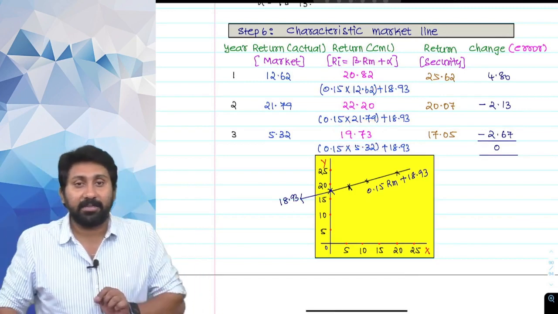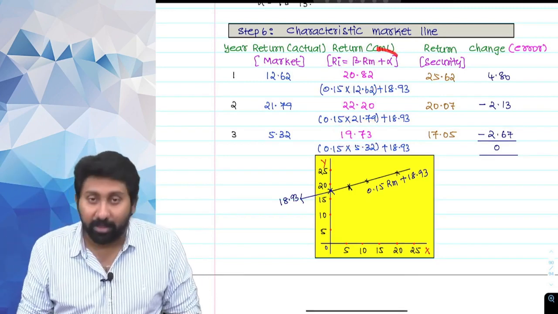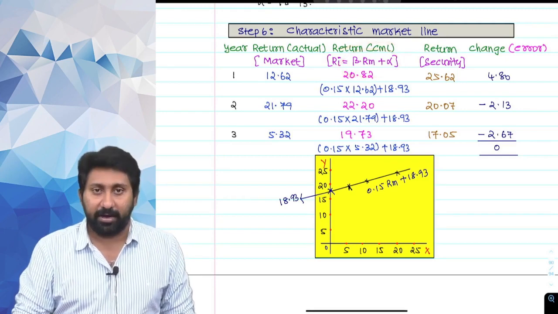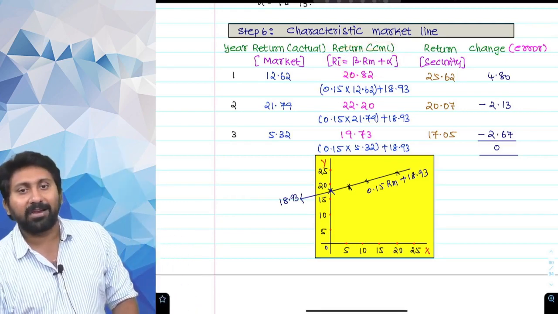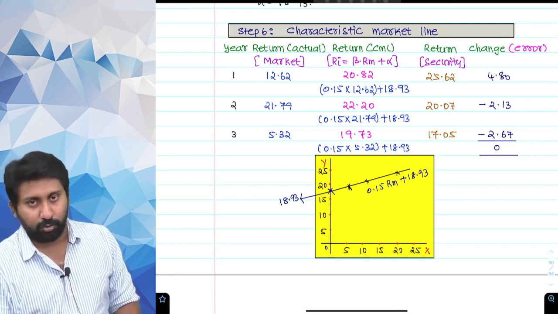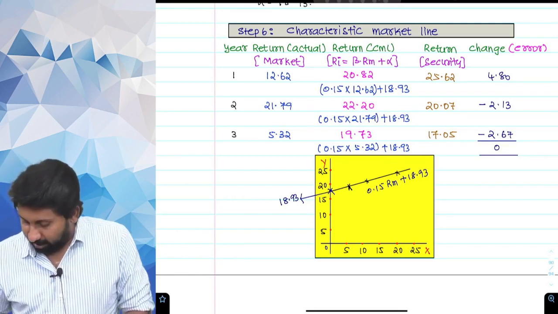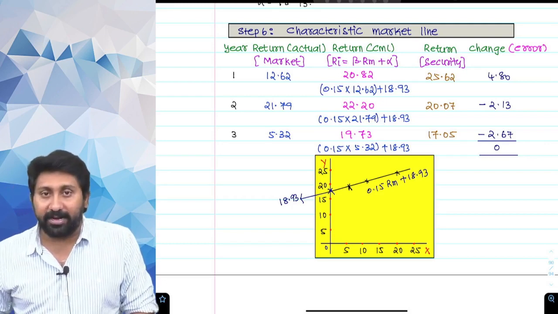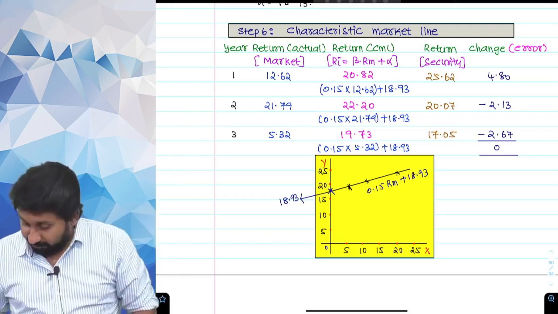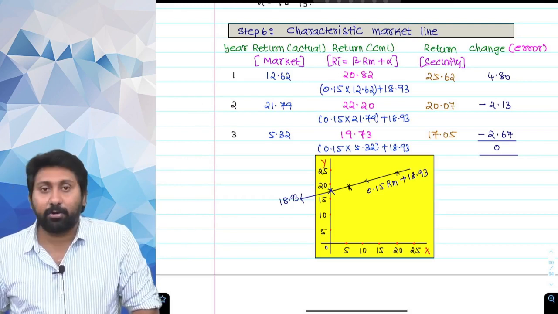Returns from the security, depending on the market. That means the market influences me 0.15 times. If the market is giving 12.62, I will be giving 12.62 into 0.15, which is 1.893, but I have a constant return of 18.93 even though the market doesn't influence me.